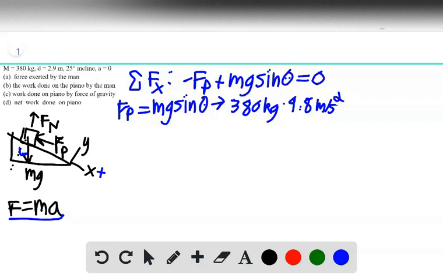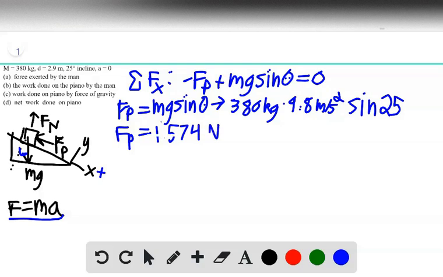The incline is 25 degrees, sine 25. Plug that into a calculator, you're going to get 1,574 newtons. And then with sig figs, that's going to be 1,600 newtons. Okay, so that's part A.